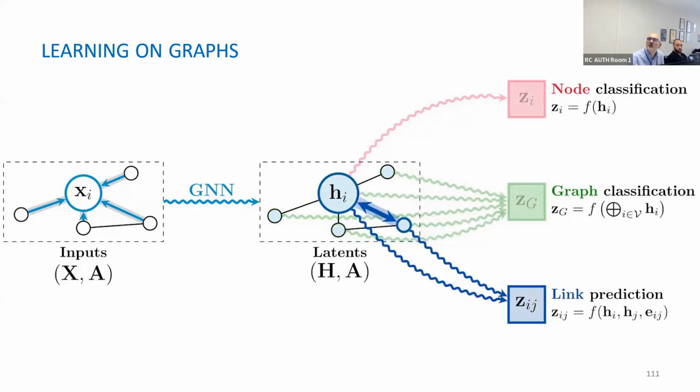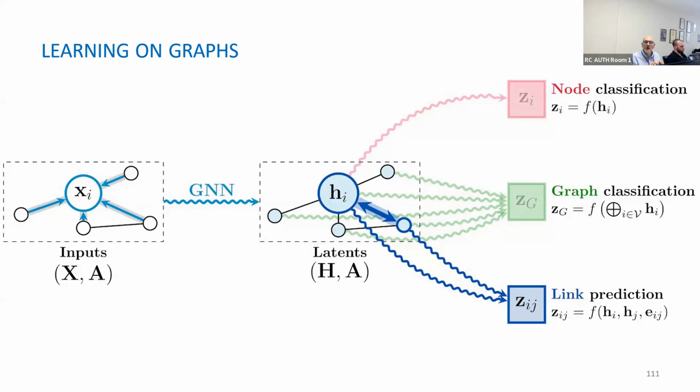Another possibility is, for example, to predict a link. So this could be a different application where, for example, given a node, we want to predict something.